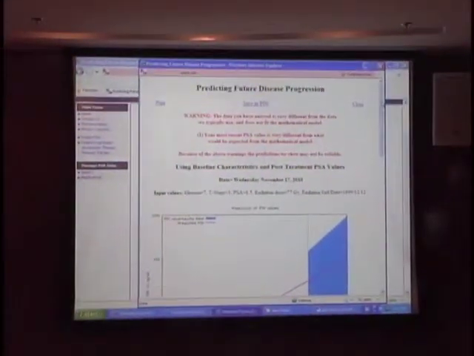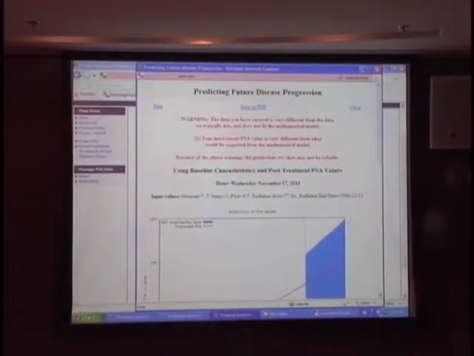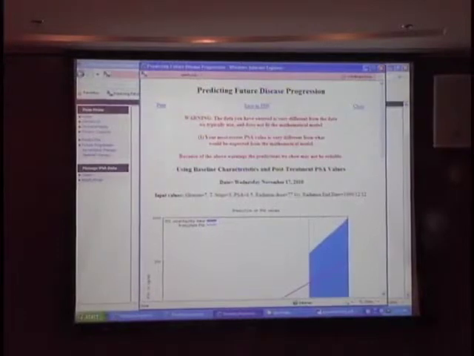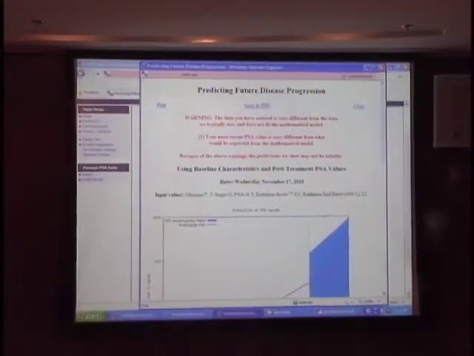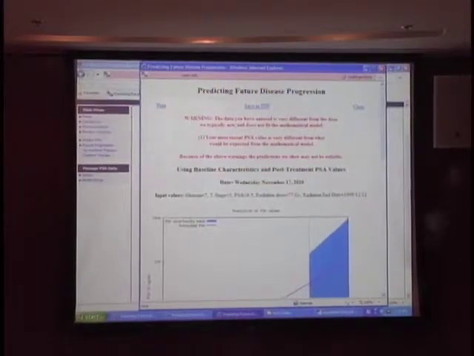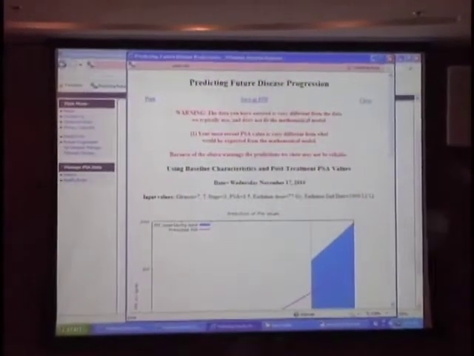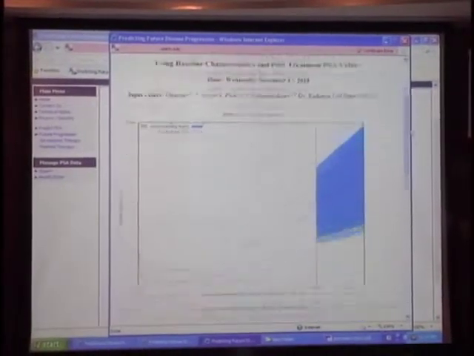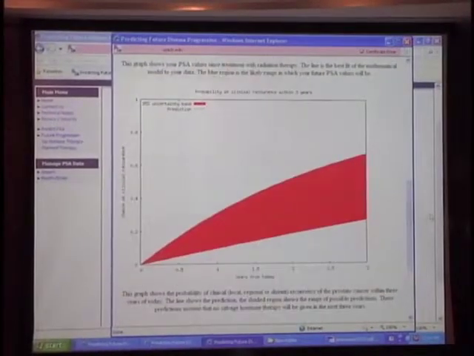It came up with warnings that said your data doesn't really look like the data we've built the model on. There are a lot of little checks in there to make sure people aren't inputting, or to warn them when they put in what we think isn't very reliable data. And you can see the probability of recurrence went up a lot, as you'd expect.